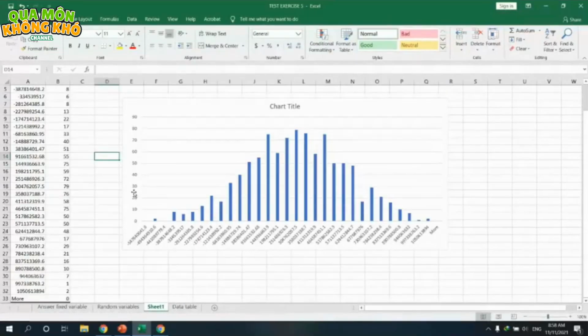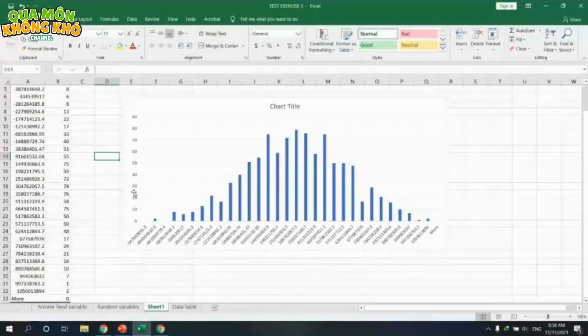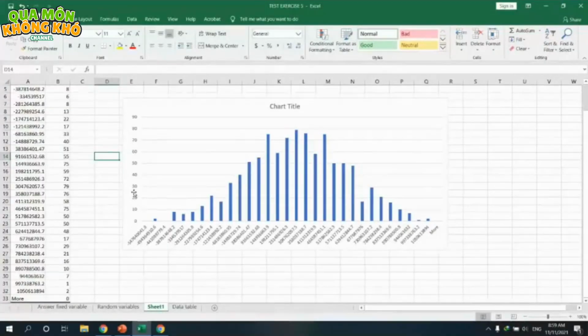So if you want to know the probability that NPV is less than a specific number, you just choose this number and you calculate on the column from minus infinity to this number, and you have the probability that NPV will be less than this particular number.